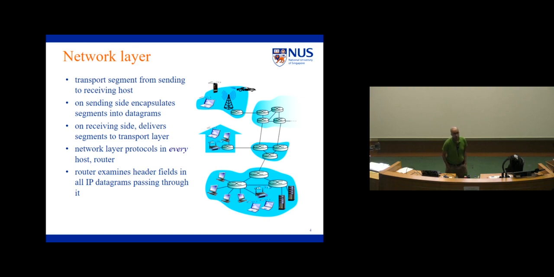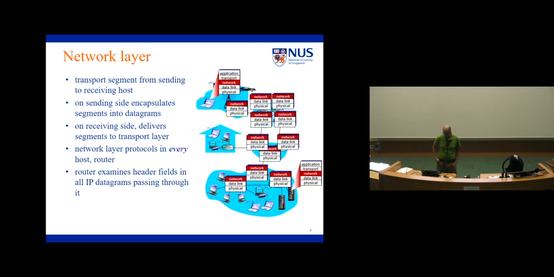One of the things we mentioned earlier is that the application and transport layers are only at the end hosts. The end hosts implement all five layers: application, transport, network, and so on. But the routers in the network only implement the network layer and below.